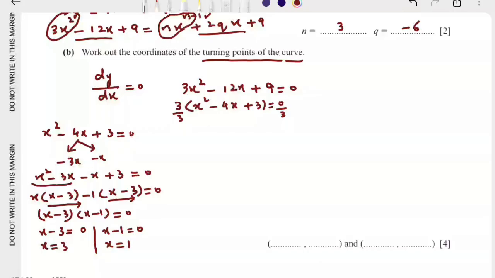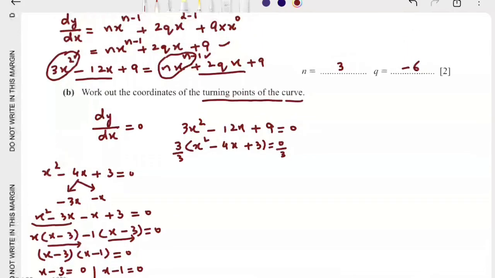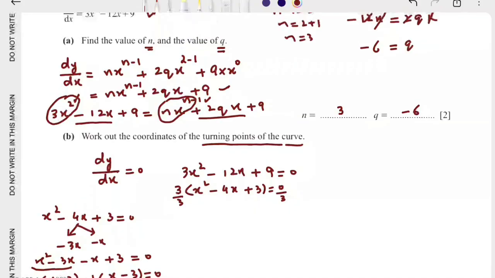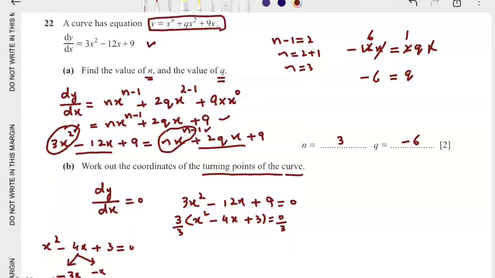Now take this equation, the original one, that was y is equal to x raised to the power n plus qx squared plus 9x. First of all, here we'll substitute the values for n and q.